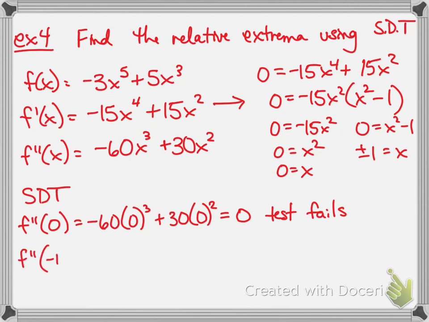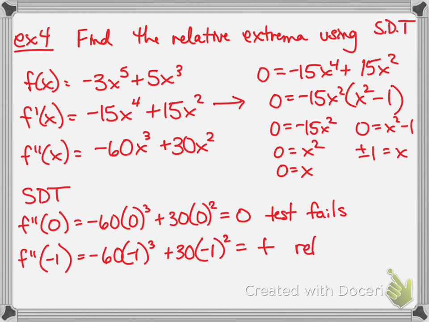Let's plug in negative 1. That's negative 60 times the negative 1 cubed plus 30 times negative 1 squared. That's a positive and a positive, so it's positive. So that means we have a relative min at x equals negative 1.